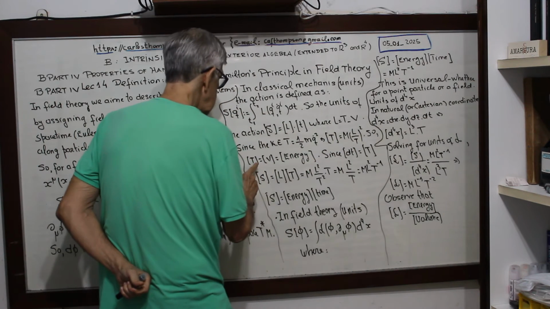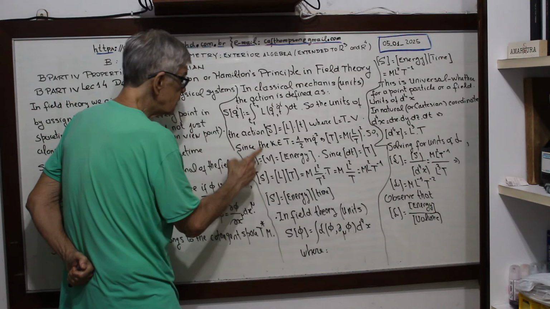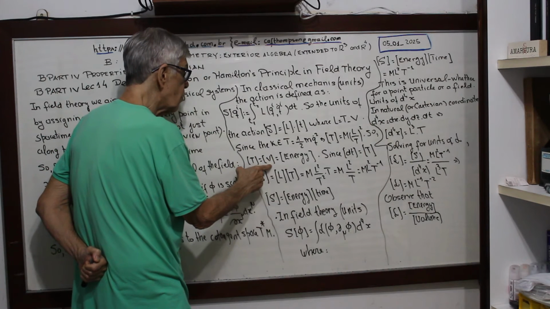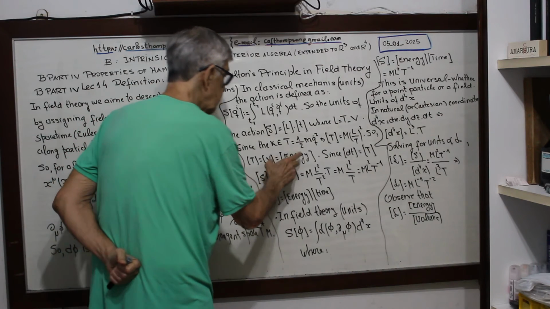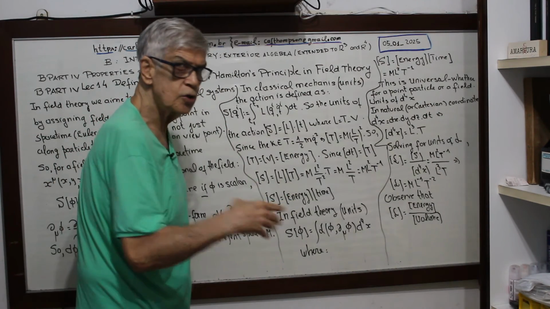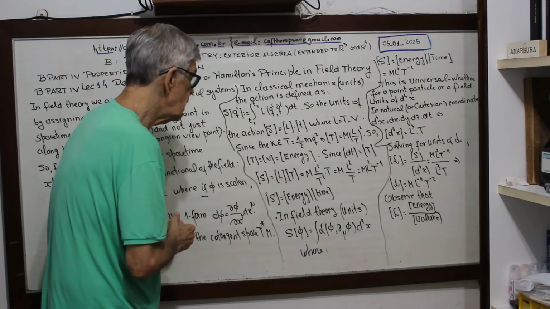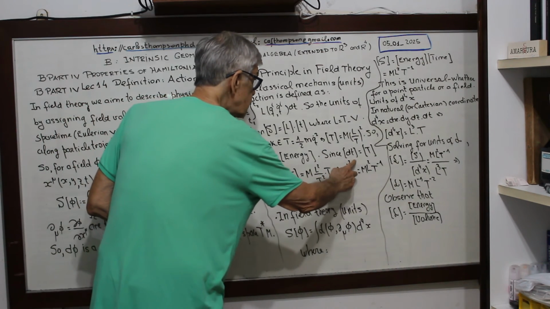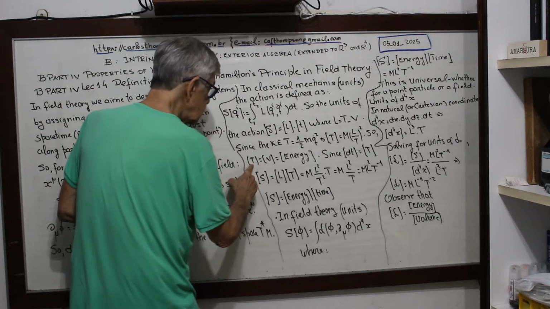The units of the kinetic energy are the same as the units of the potential energy. This is energy, in general in joules, in the international system of units. The unit of dt is time.